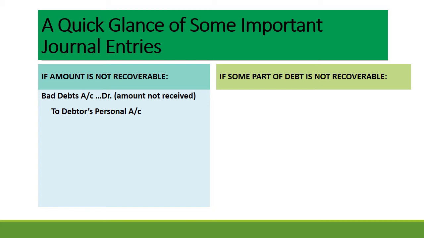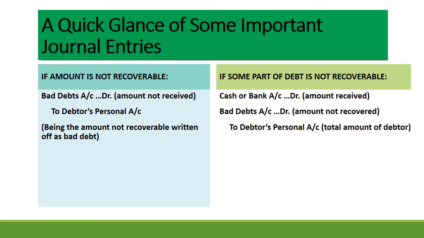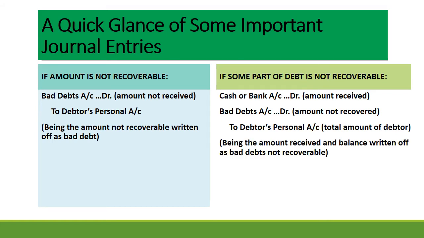The amount which is not recoverable is known as bad debt and the portion which we recover must be debited to cash and total must be shown on debtor's personal account. Therefore, entry in such case is cash account debit, bank account debit or bad debt account debit to debtor's personal account.